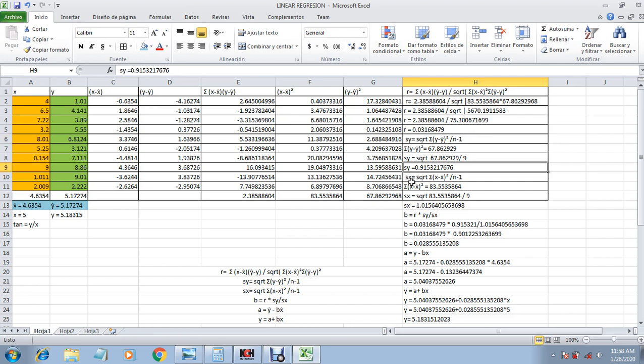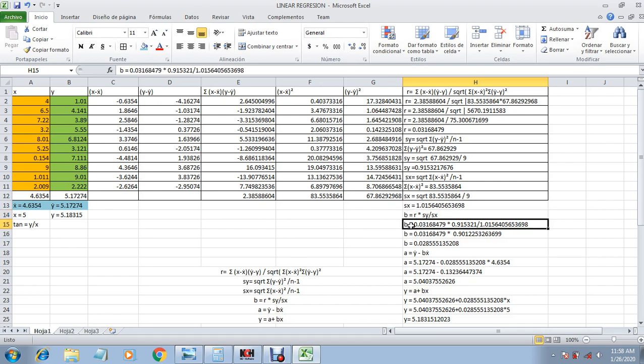The same as for s of x, that is the square root of the summatory of these numbers, and then divided by n minus 1, that is 10 minus 1, that is 9, and then we divide this top number by the bottom number, and then squared, and we have all the terms to get the value of b.